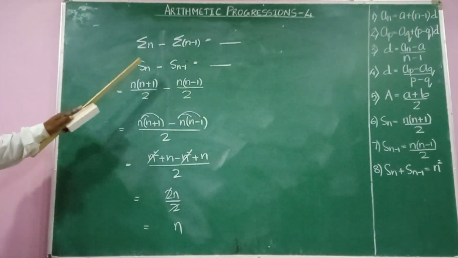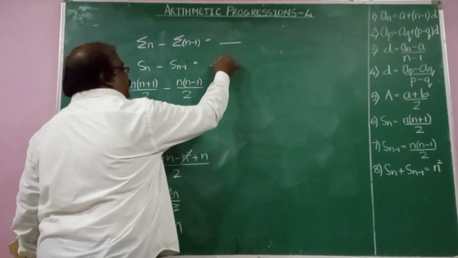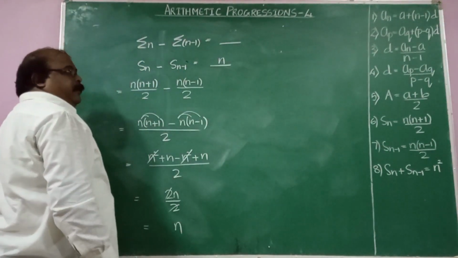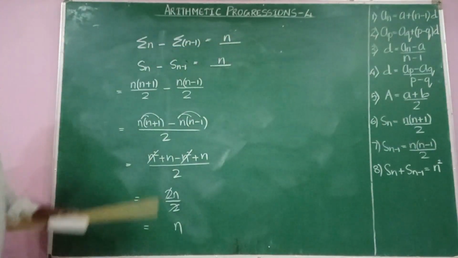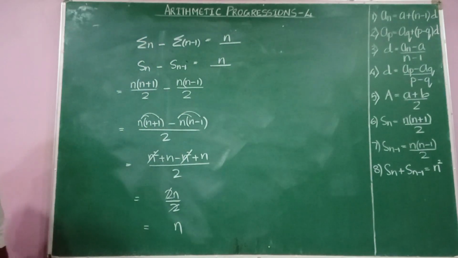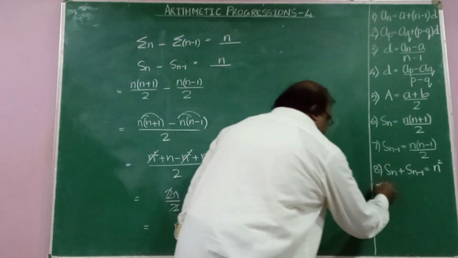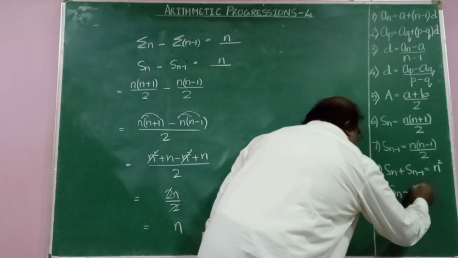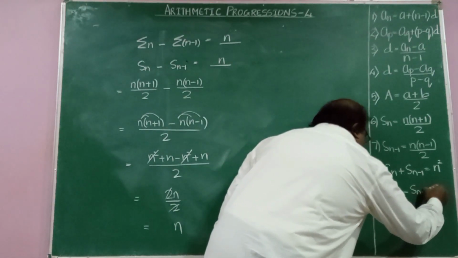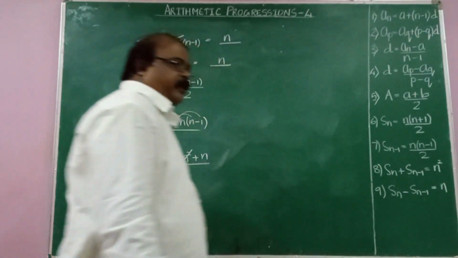N. If you are asked what is Sn minus S of n minus 1? N. Or what is sigma n minus sigma n minus 1? Answer is n. Let me write it as formula number 9. So Sn minus S of n minus 1 is equal to n.